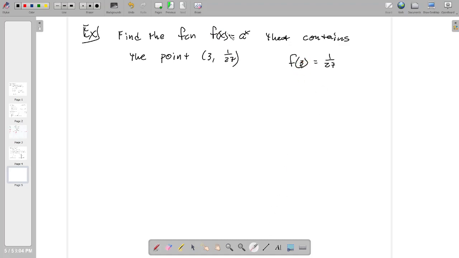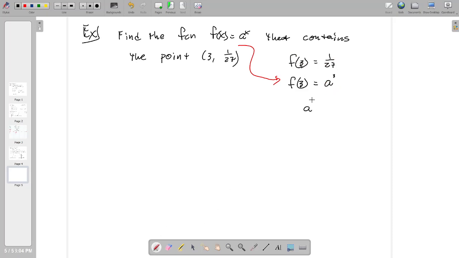Now, if I just rewrite this form here, then I have that f of 3 is equal to a to the third. Now I know f of 3 is a to the third because it's this form. I also know f of 3 is 1 over 27. So these two things actually have to be equal.